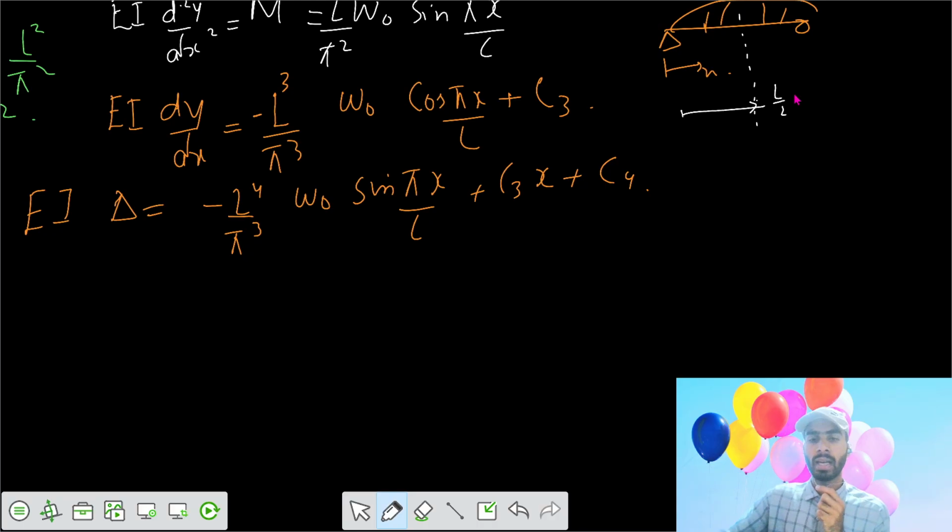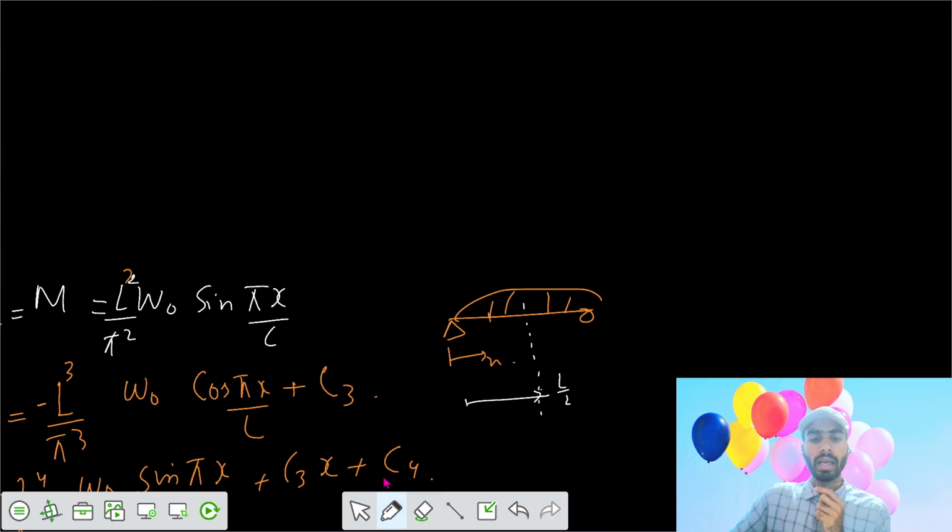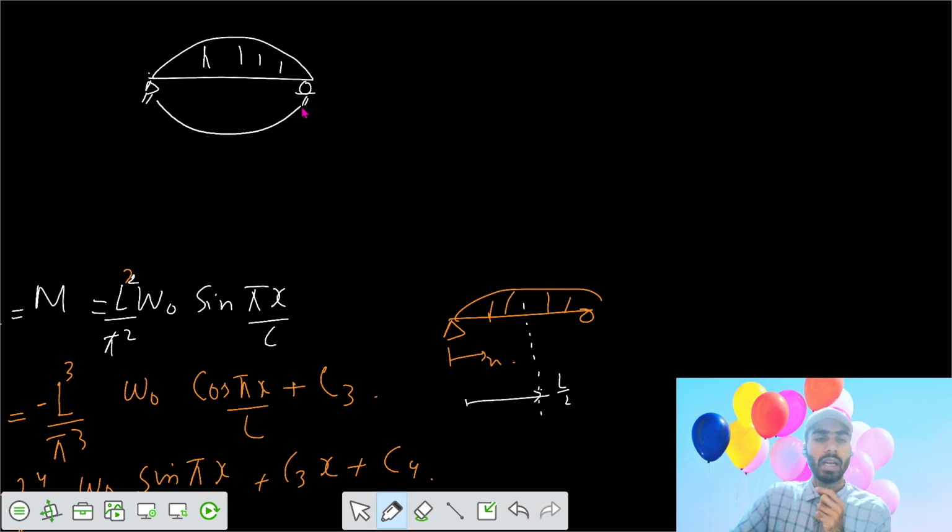We studied that if the loading is symmetric, the deflected shape is also symmetric, the bending moment diagram is also symmetric, and the reaction is also symmetric. Delta is maximum at the mid span, so the slope is also 0 there. This is one more critical point: theta is 0 at mid span for symmetric loading.